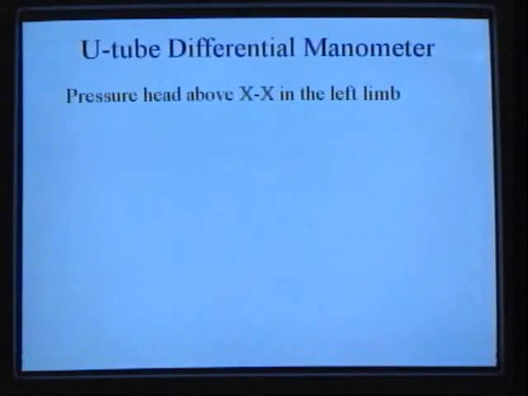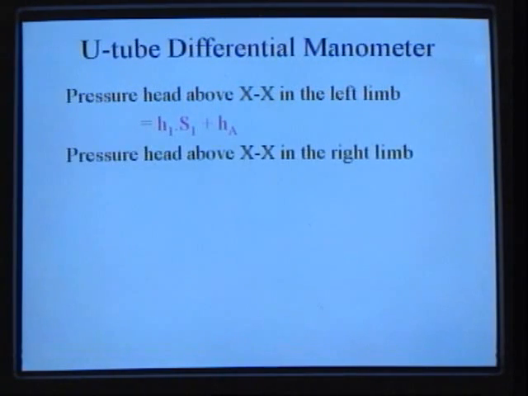In the U-tube differential manometer, pressure head above X-X in the left limb, where X-X is the reference or datum line, is equal to H1 S1 plus HA, where HA is the pressure head in pipe A. Pressure head above X-X in the right limb is equal to H2 Sg plus H3 S2 plus HB.